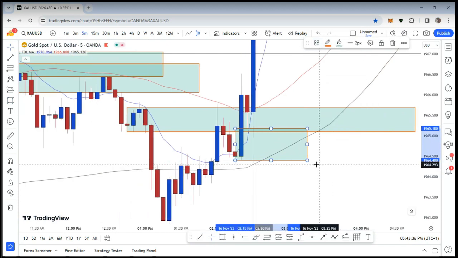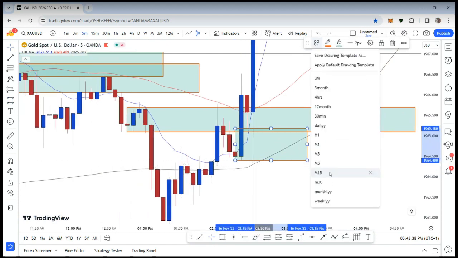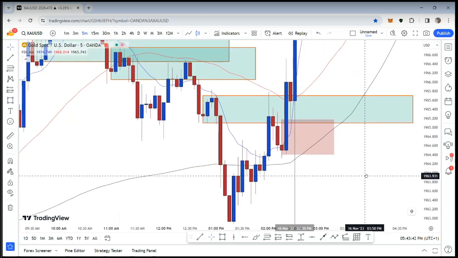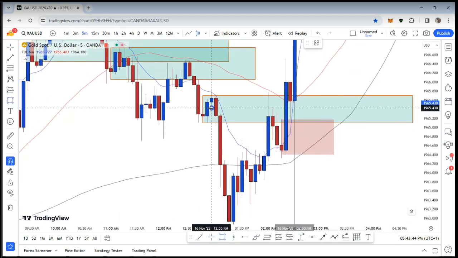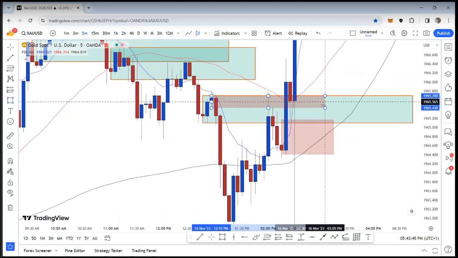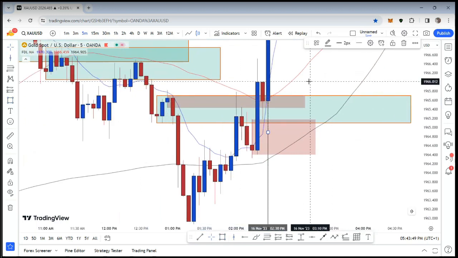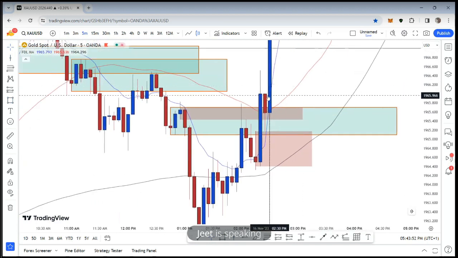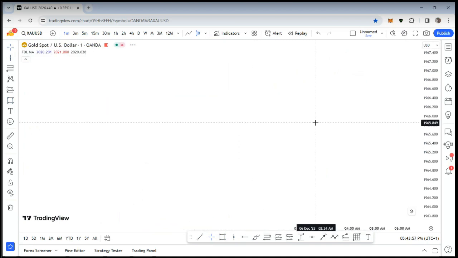Now look at the current market price on 5 minutes. What do you see about the structures? You can see that the 15-minute structure is bullish, and this is a retest. Can you see that, guys? Yes. So according to the law of retest, if I have a 1 minute change of storyline, what do you think I'll be doing?